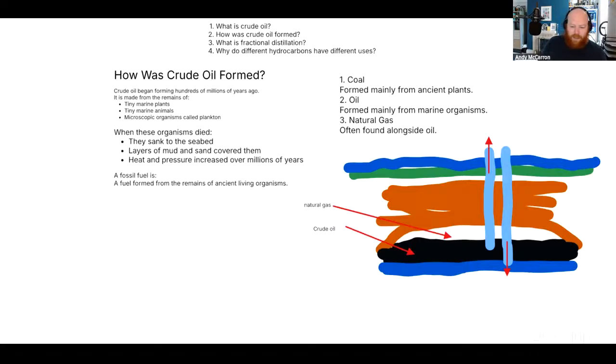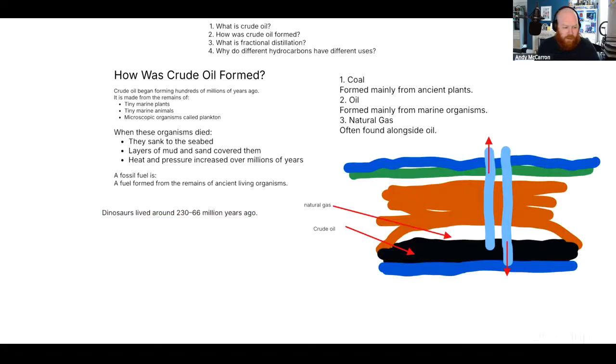So just to throw in a timescale up here, I've already said that it was millions of years ago. As a timescale, dinosaurs were 230 to 66 million years ago. Some oil deposits began forming before dinosaurs existed.